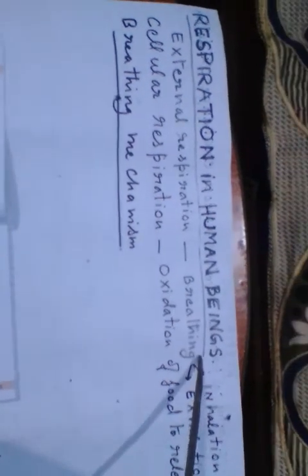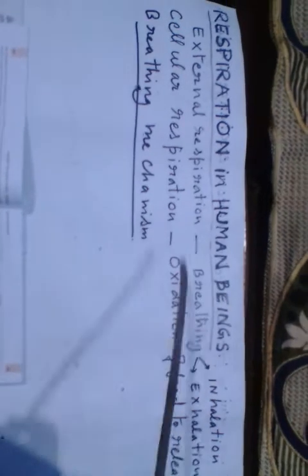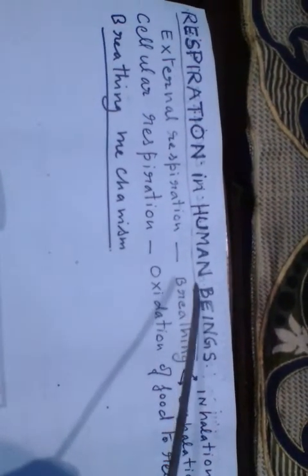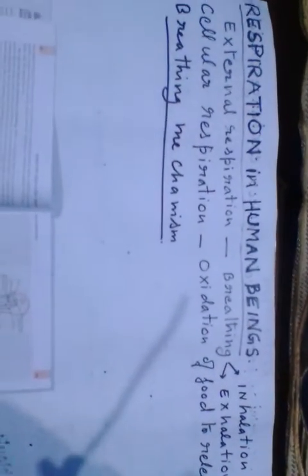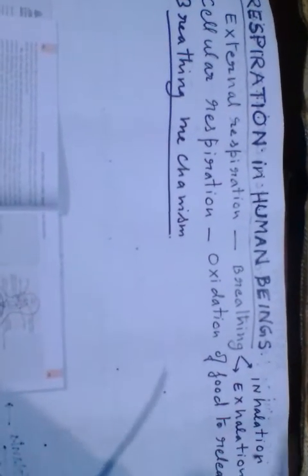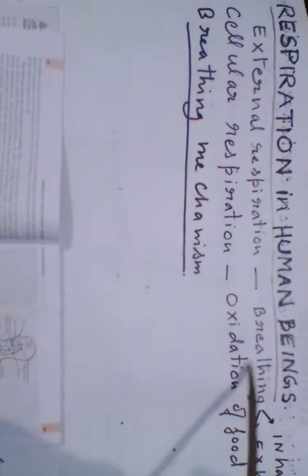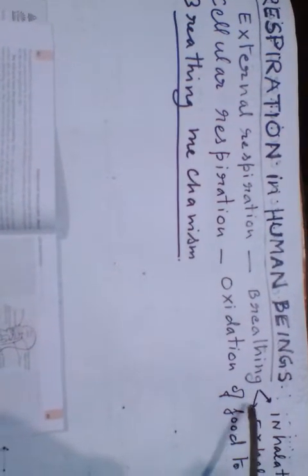Now, respiration in human beings. Human beings are multicellular and well-developed organisms. The respiration process takes place in a step-by-step method. First of all is external respiration, which is also called breathing. And in breathing we have a gaseous exchange, inhalation and exhalation of gases.